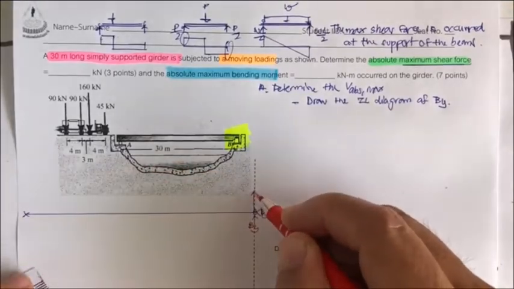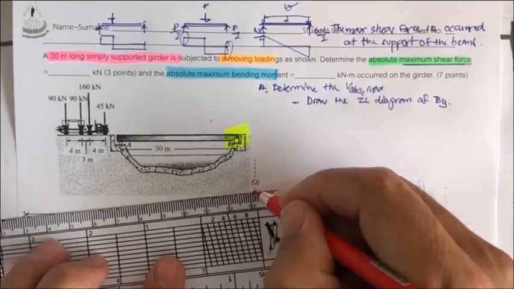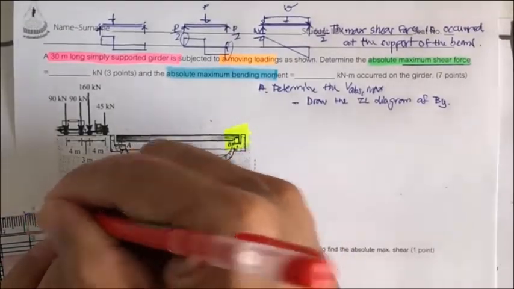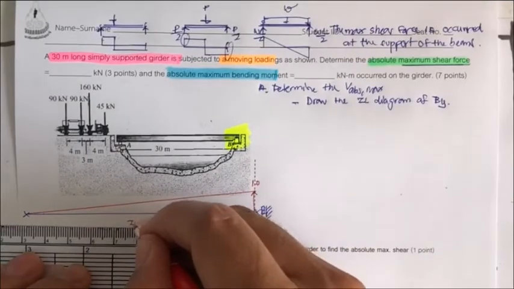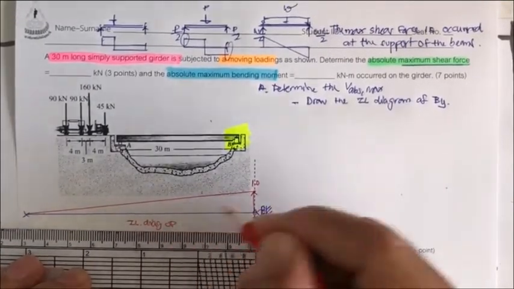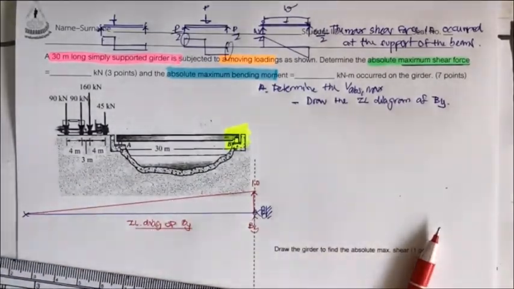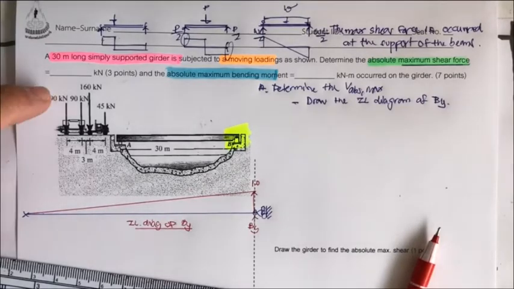Then what we have is the shape of the girder, which is the influence line diagram of B sub y. When we determine the shear reaction at B, we will multiply the magnitude of each point load by the coordinate of the influence line.